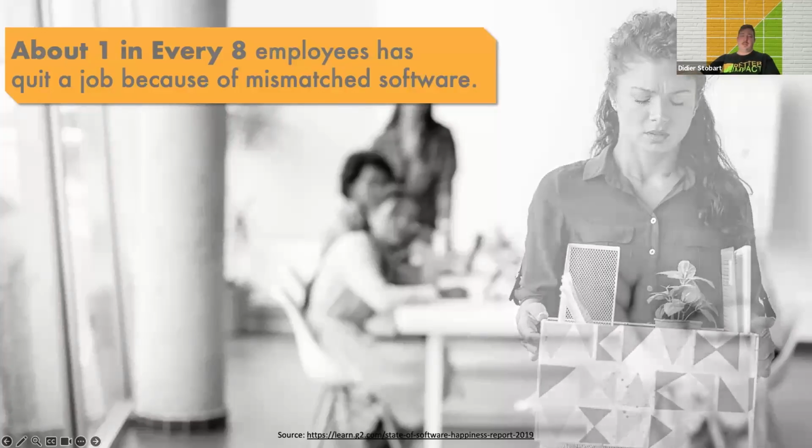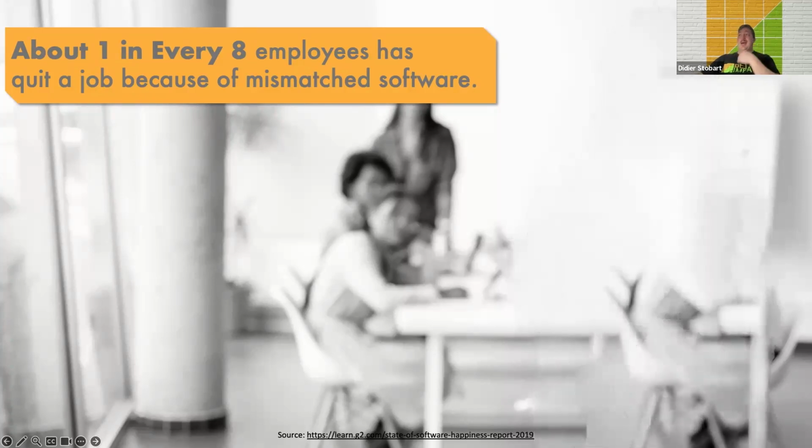And to continue on that stat as well, about 1 in every 8 employees has quit a job because of mismatched software. That's quite an interesting stat, that 1 in 8 people think the software they're using at their company is a reason for them to leave. Quite an alarming stat.